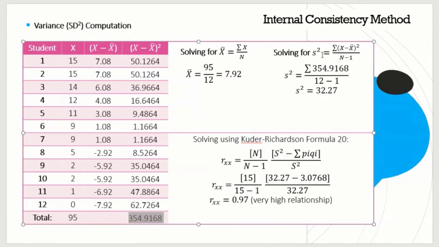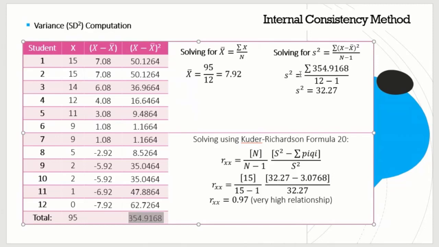So S square, or the variance, is equals to summation of x minus x mean squared, which is this, right? Over n minus 1, which is n ay 12 minus 1, 11. So, 354, ito yun, no? 354.9168 divided by 11. Ang ating variance is 32.27.